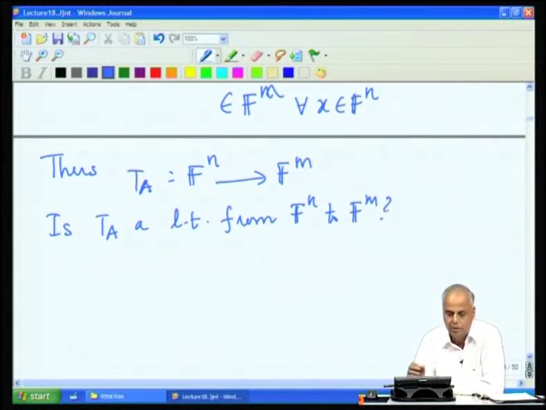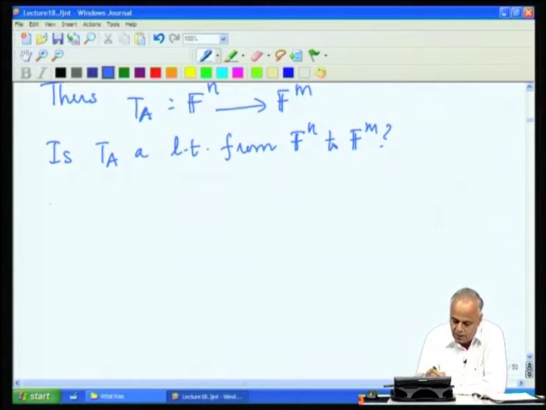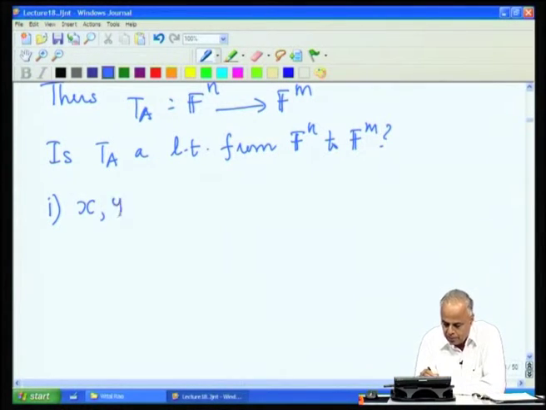Let us check this. In order to verify whether it is a linear transformation from Fn to Fm, we have to verify the two basic conditions, whether TA preserves addition, whether TA preserves scalar multiplication. So, let us check addition. Suppose we have two vectors x, y in Fn.